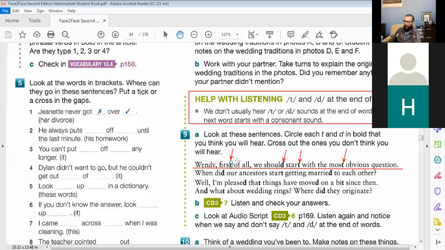Okay, so this is just a little pronunciation rule to keep track of when to make the T and the D strong and emphatic at the end of words and when to make it light and almost silent. Okay, that's all. Let's take another.